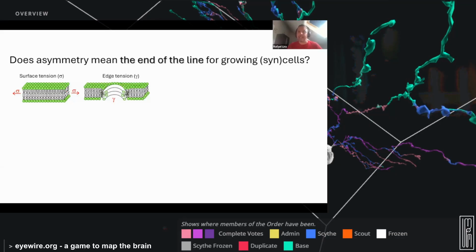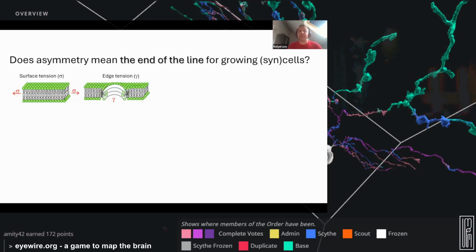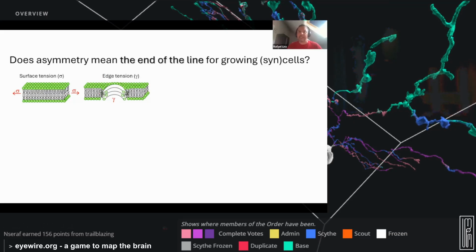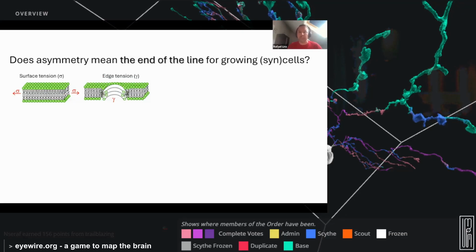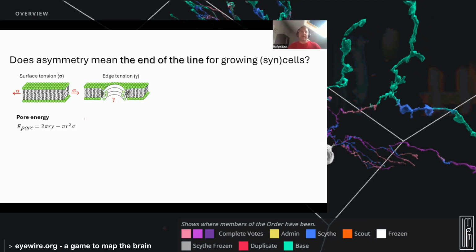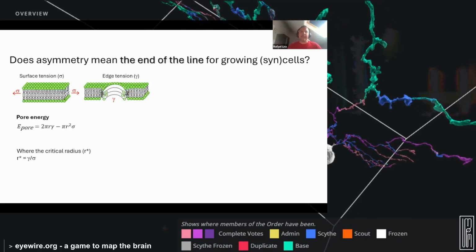This is the so-called lysis tension. And the lipids at the edge will bend in order to prevent exposure of their hydrophobic tails to water. This bending has an energy cost that is called the edge tension, which will try to close the formed pore in a lipid-only membrane. So the pore energy depends on the difference between the edge tension and the surface tension.